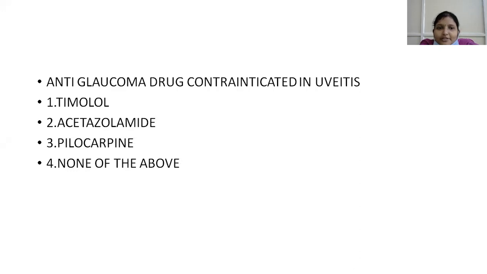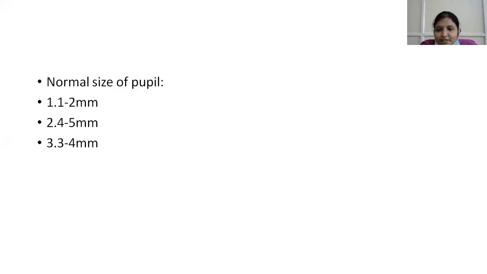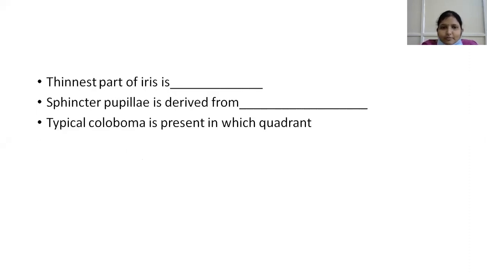Yes, pilocarpine is the drug which is contraindicated in uveitis. Why? Because it flares up the inflammatory reaction. What is the normal size of the pupil? Yes, 3 to 4 mm is the normal size of the pupil.